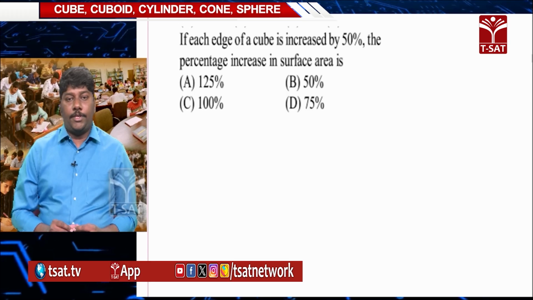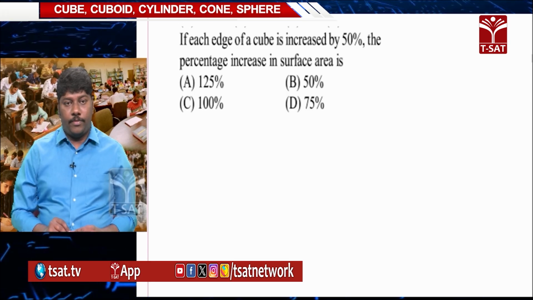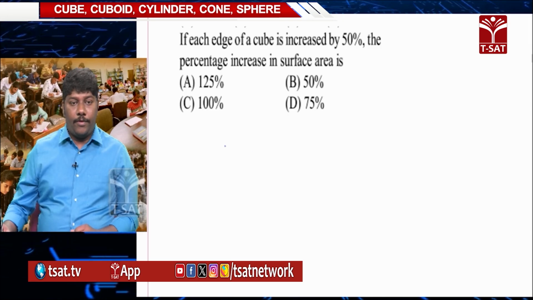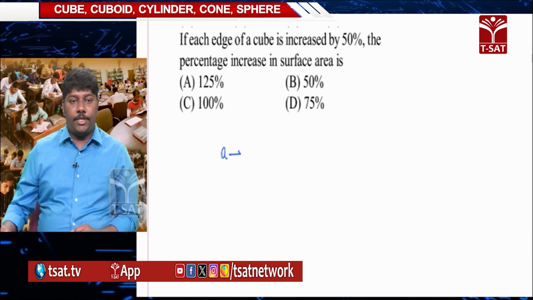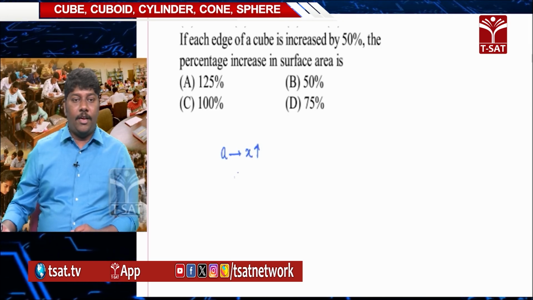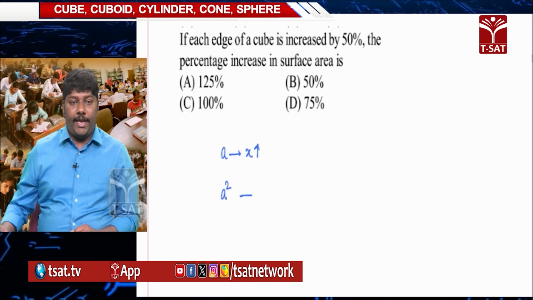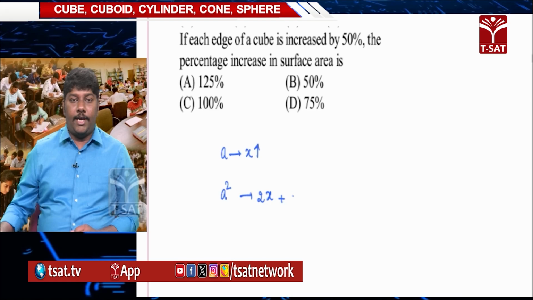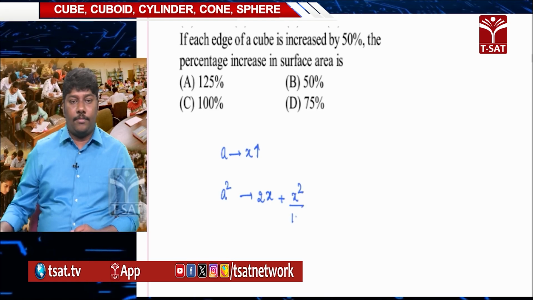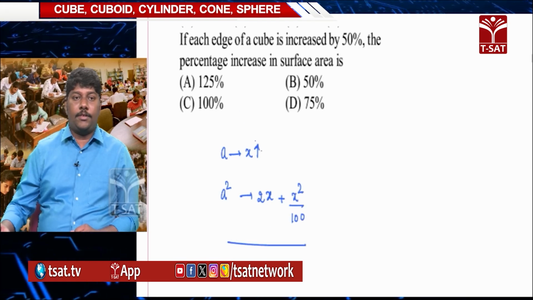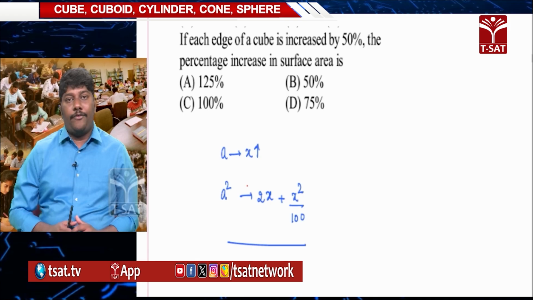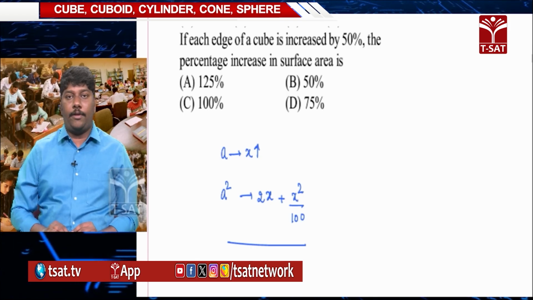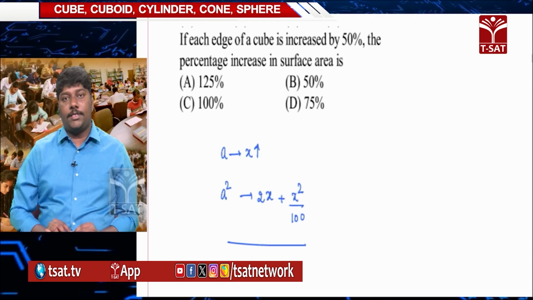If edge of the cube is increased by 50%, then the percentage increase in the surface area. If edge A is increased by x%, area means a square. A square is increased by 2x plus x square by 100. I am giving you the direct formula. I told you in the basics, now I am giving it as a direct formula. If suppose it decreases by x percentage, the answer is 2x minus x square by 100 would be the decrease in the surface area.